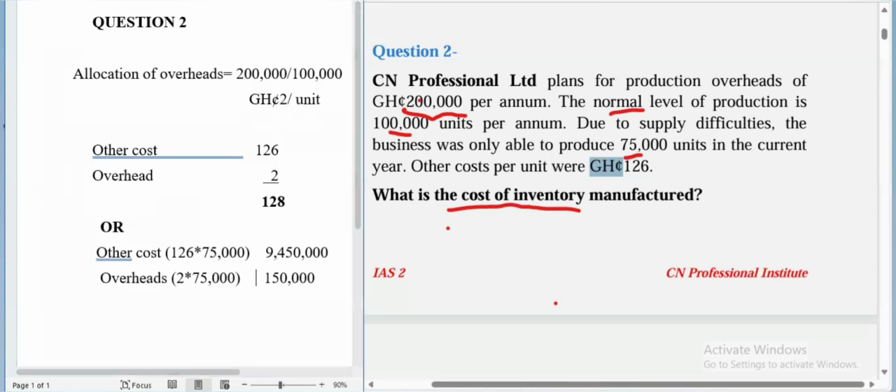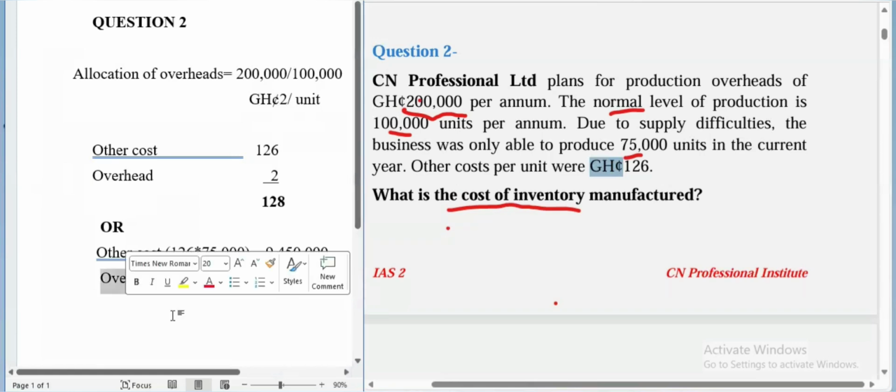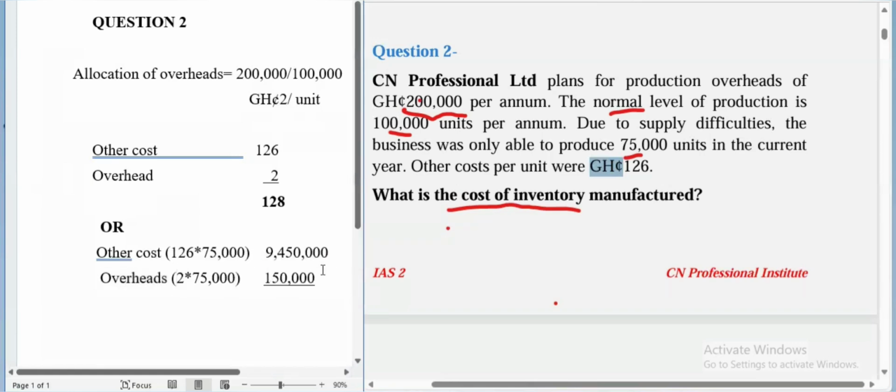We sum them up, and after summing up we have the total cost of the inventory produced. Summing these two should give us 9,600,000 if I'm right. So you can equally compute it or add it.